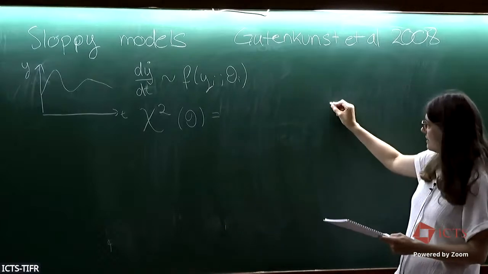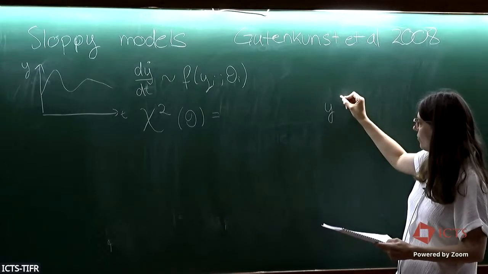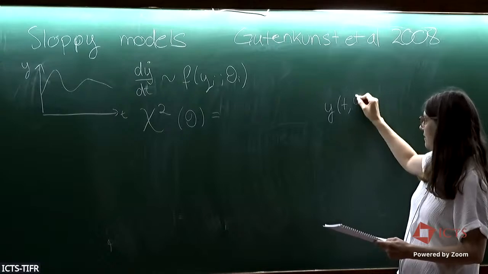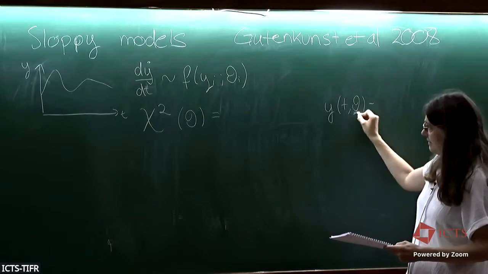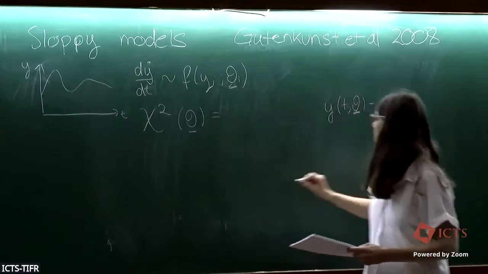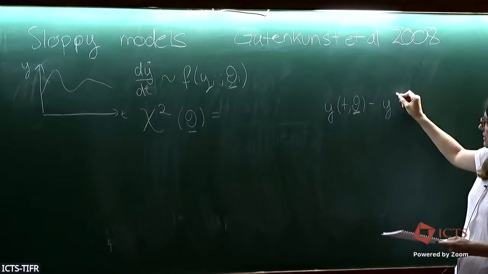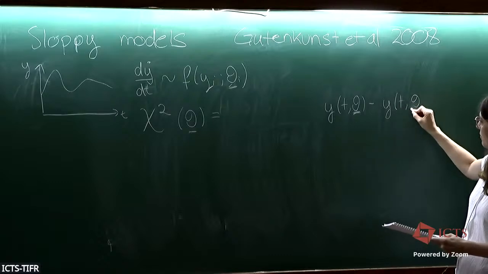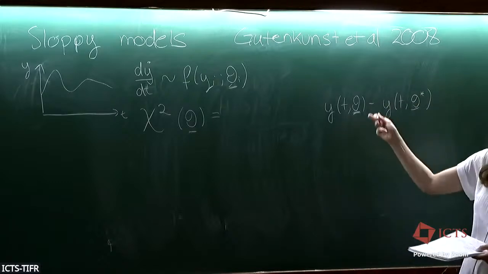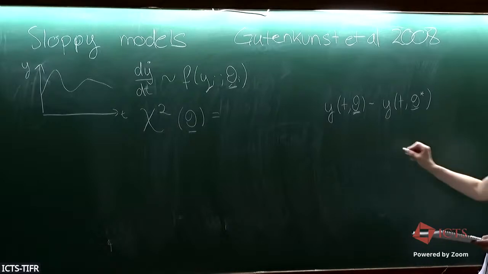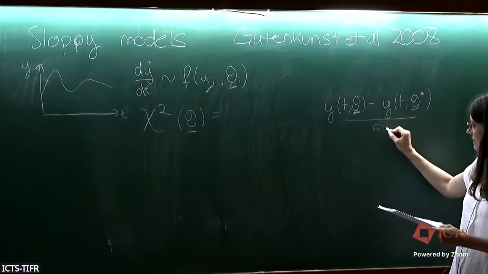So what they did is write down what Y looks like when I have a different set of parameters, and these things are vectors, I should say, minus what Y looks like when I use the set of parameters that people had suggested or measured in these models. Let me assume that I normalize that correctly.